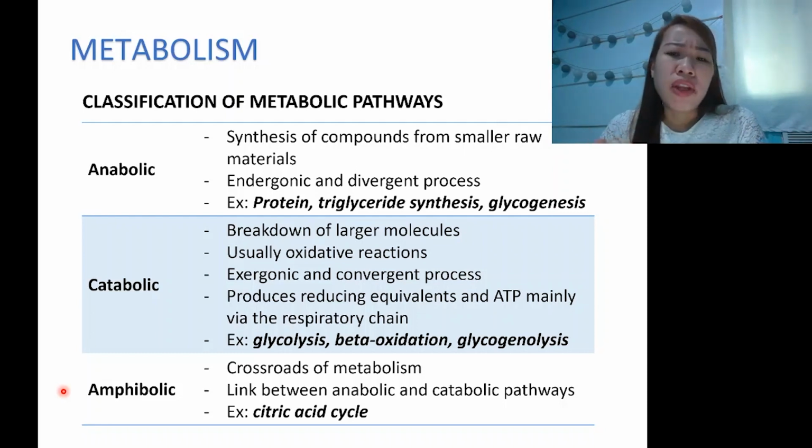So if we talk about intermediary metabolism, on the other hand, it is applied to reactions involving low molecular weight molecules that are metabolites of the degradation or biosynthesis of biopolymers. Energy metabolism, on the other hand, is part of the intermediary metabolism, which consists of pathways that store or generate metabolic energy.